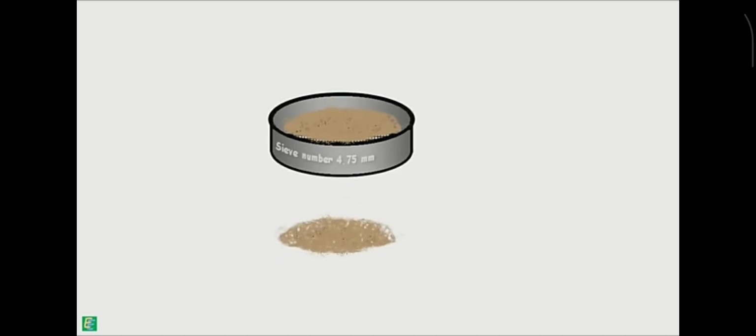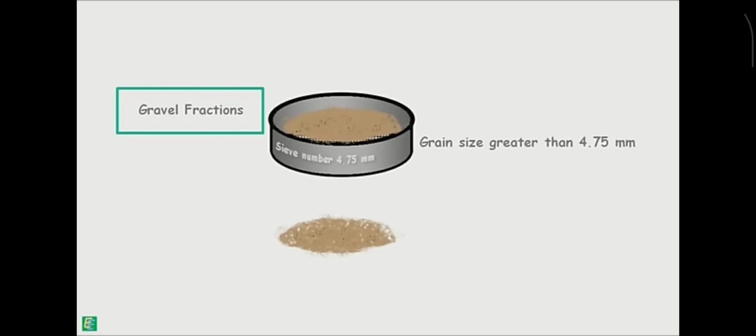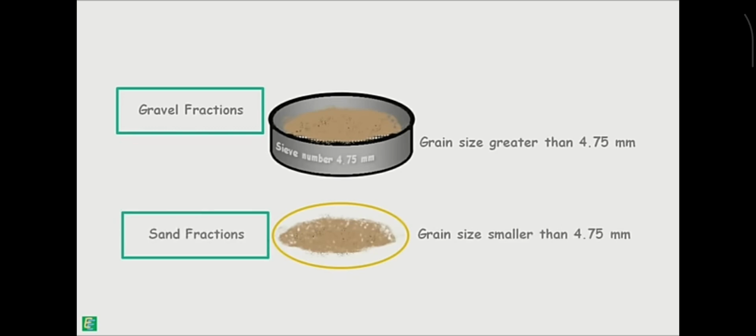The portion of soil which contains particle size bigger than 4.75 mm is retained on the sieve. This portion is called gravel fraction. The portion of soil which contains particle size less than 4.75 mm passed through the sieve. This portion is called sand fraction.